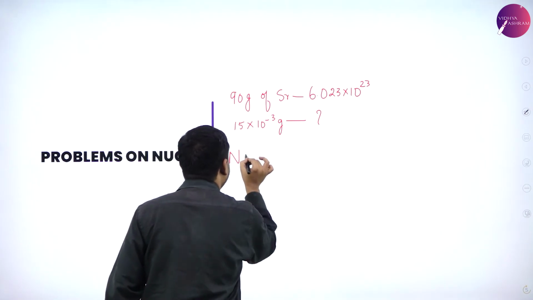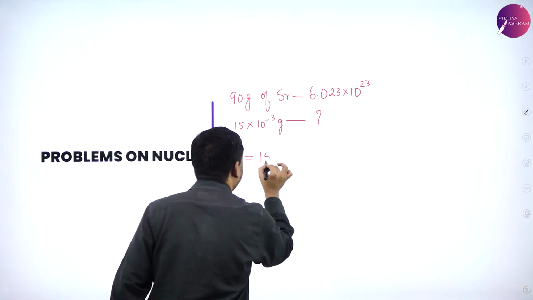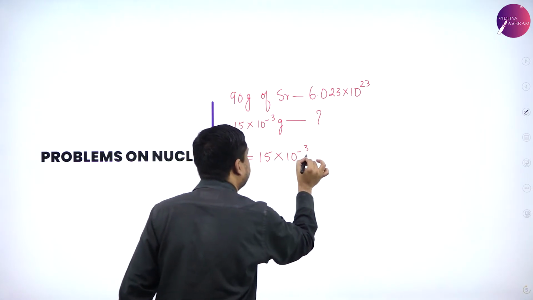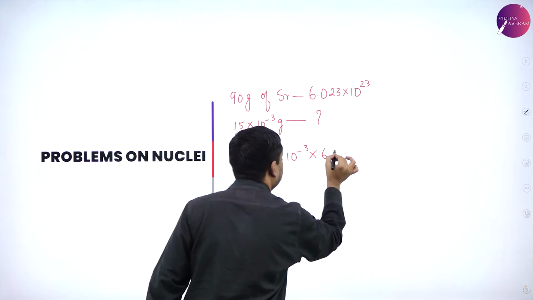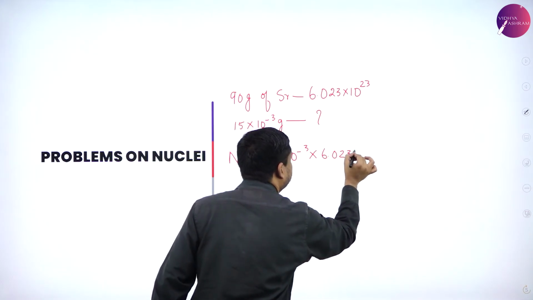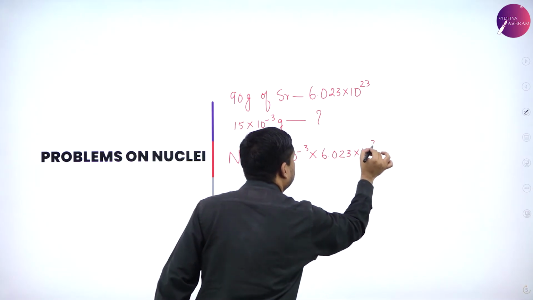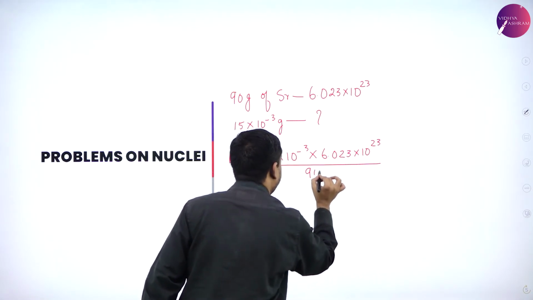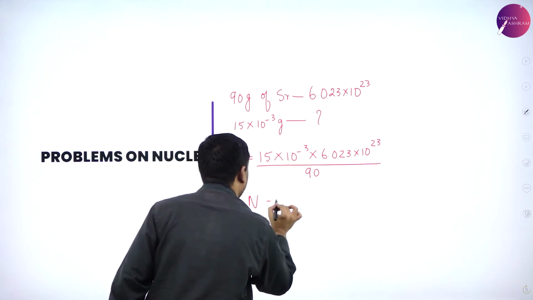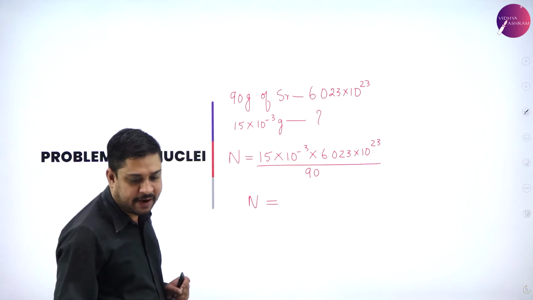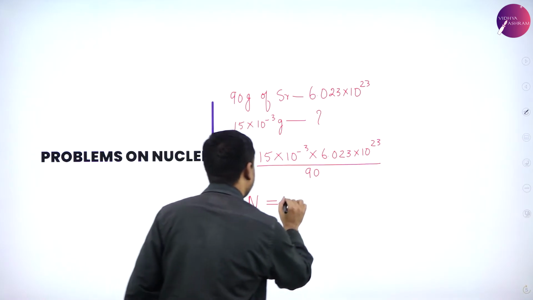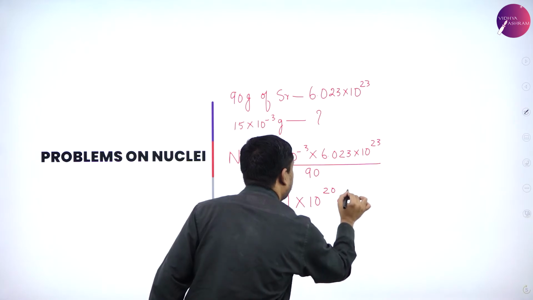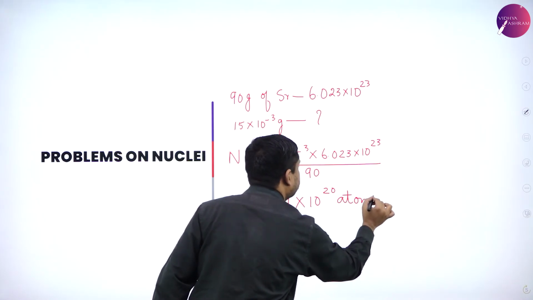So on simplification, 15 into 10 power minus 3, into 6.023 into 10 power 23, divided by 90. So when we simplify this, we have 1 into 10 power 20 atoms.